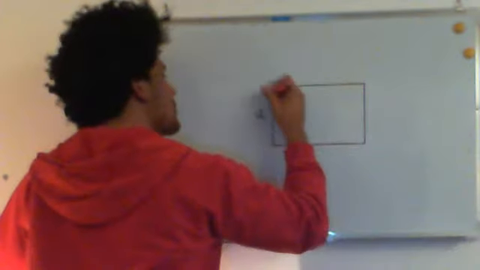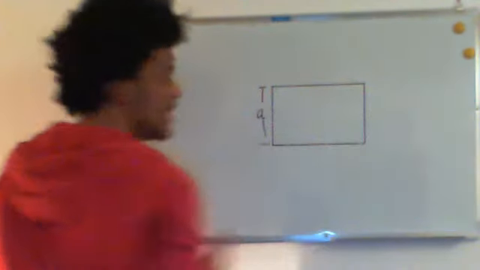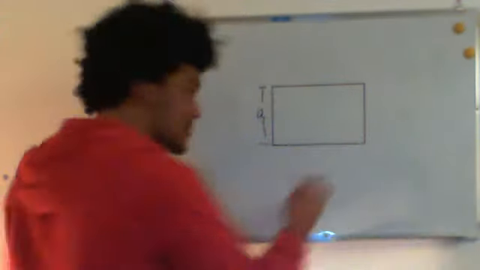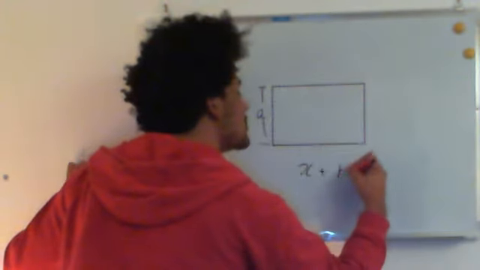So if I draw a rectangle like so, we can let its height be the number a, as it was in the last expression we had, and across the bottom the base can be x plus b, so we get something like that, x plus b.